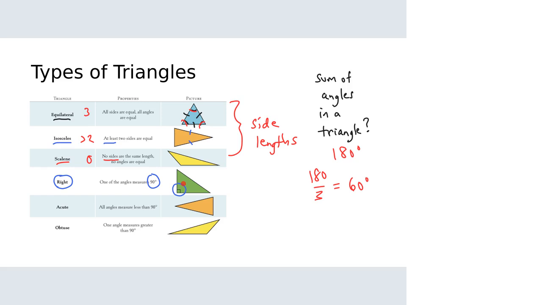Okay, Jenny says no. And my follow-up, and anybody can answer, it doesn't have to be Jenny, why not? Nice, Matthew. I like it. Why wouldn't it be able to have two 90-degree angles?